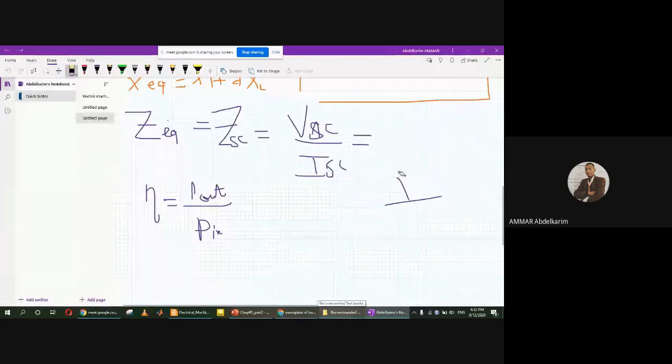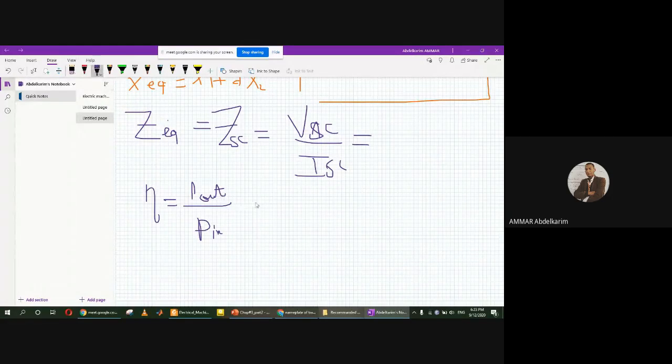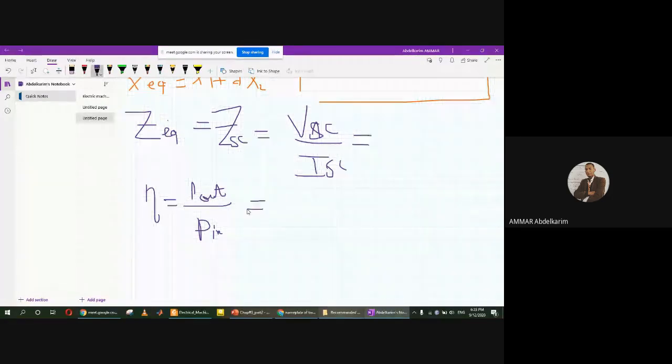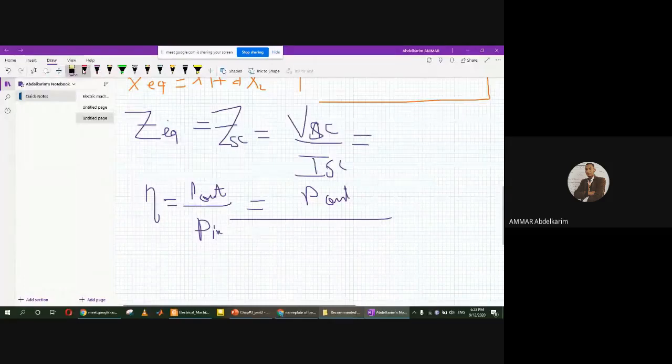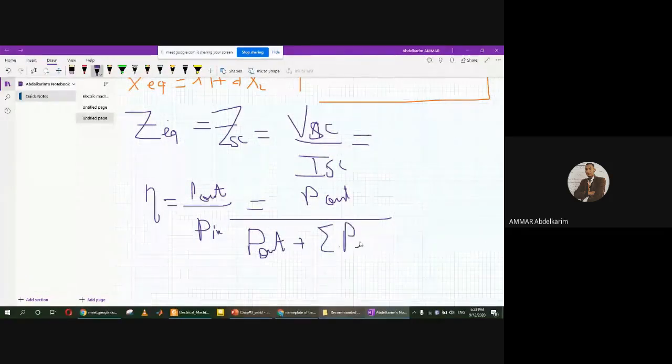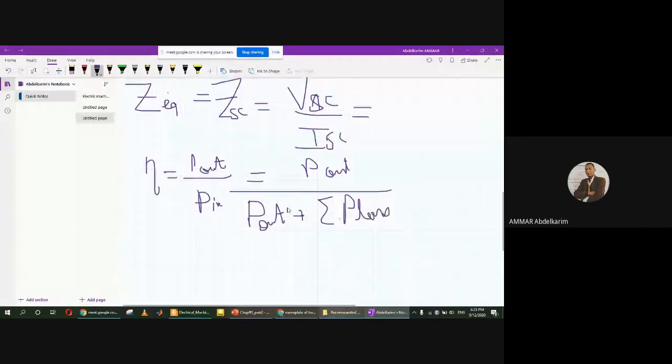Okay, let's go back to our exercise. We said that we calculate the efficiency when we have a load. So the efficiency equals P out over P in, which is equal to P out over P out plus the sum of losses, where P out is the power of the secondary, plus the losses.